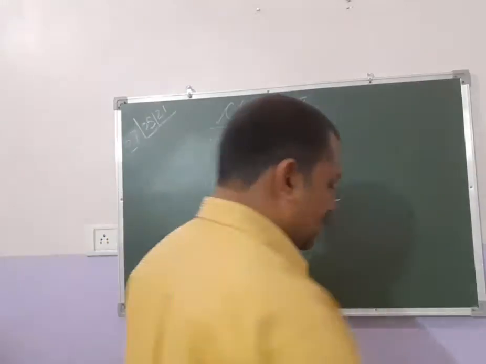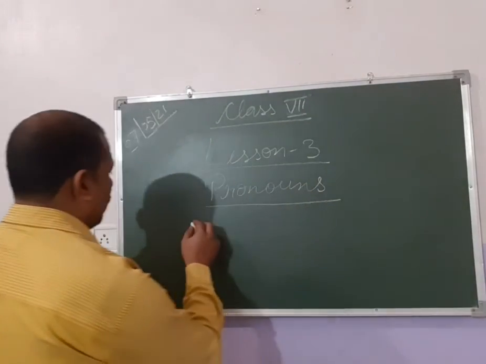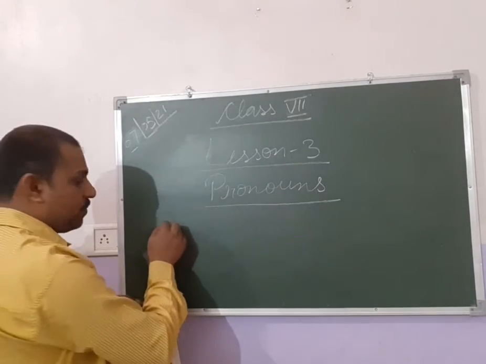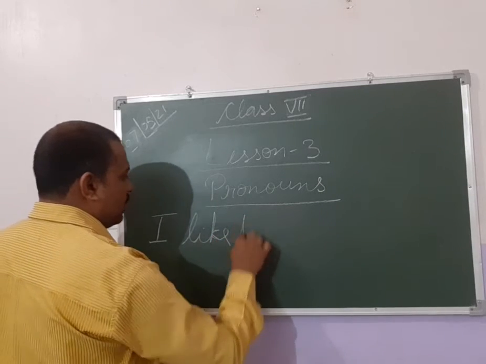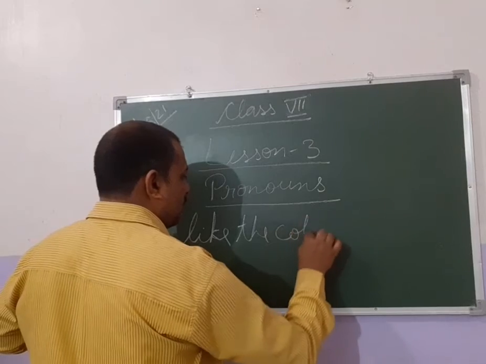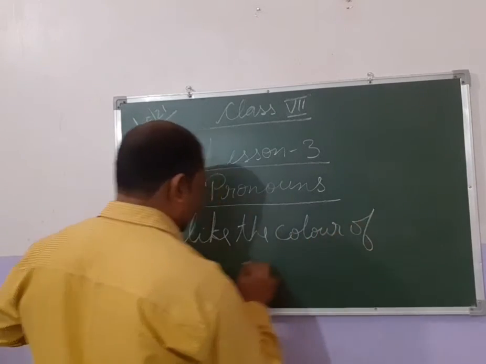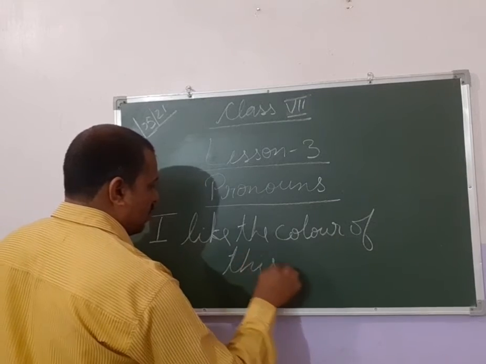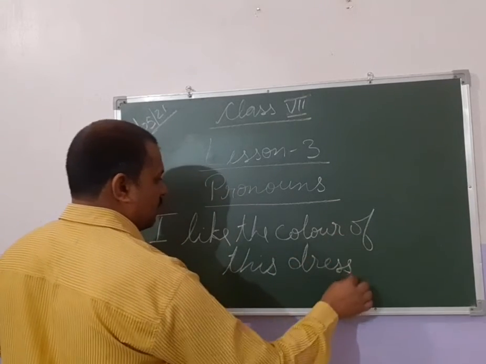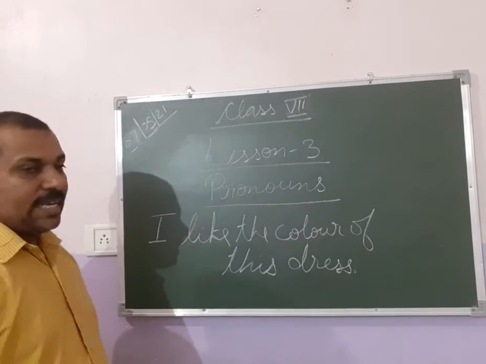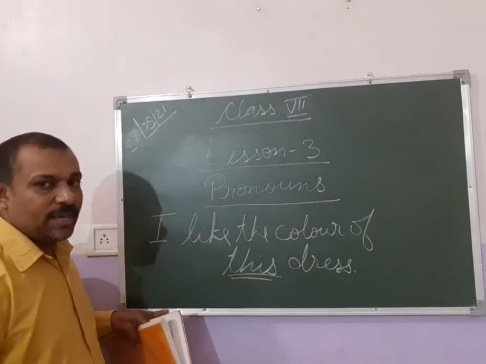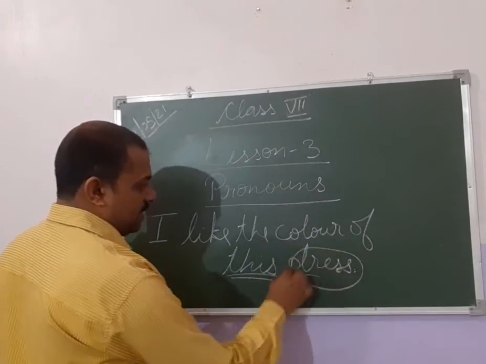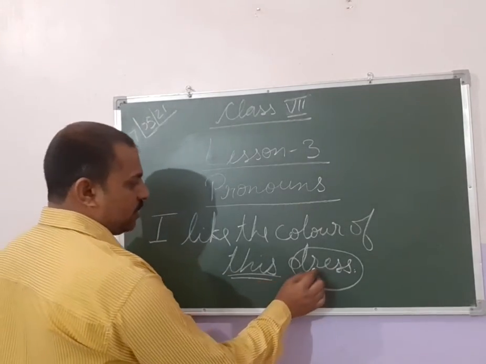Now, I like the color of this dress. Now, I will show with an example. I like the color of this dress. Now, when I say this dress, this is coming before the noun dress.